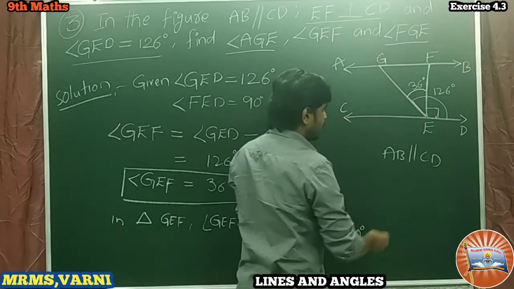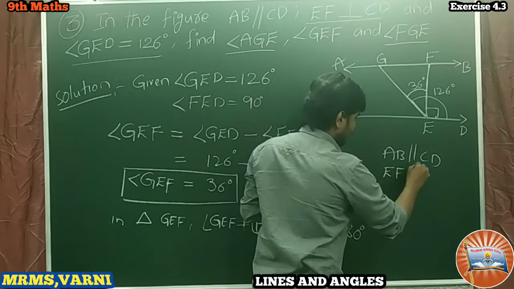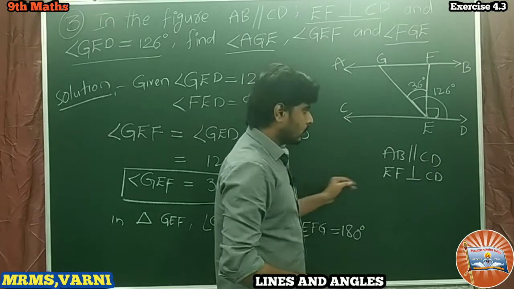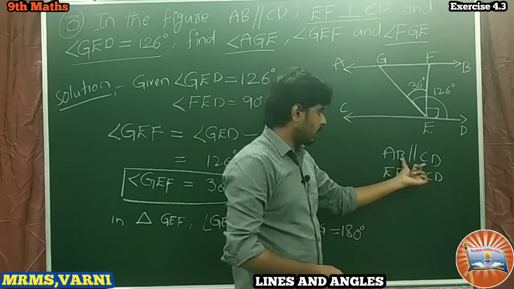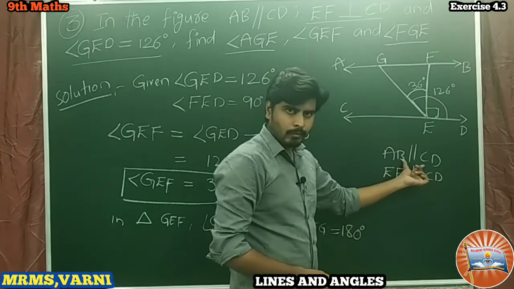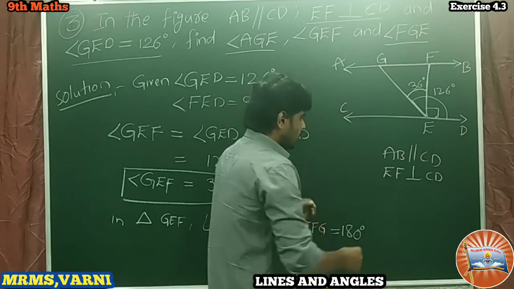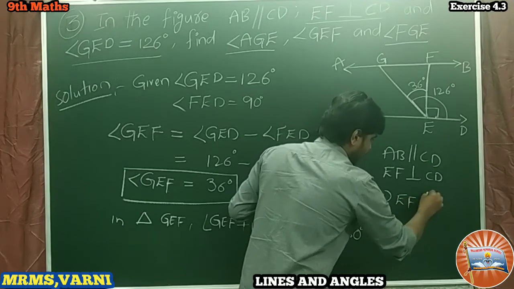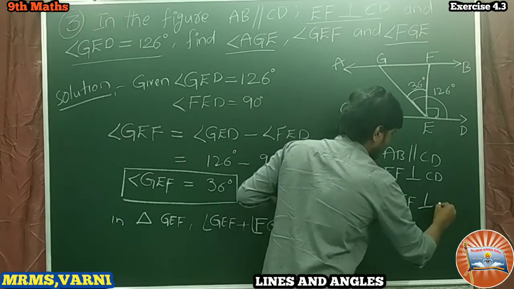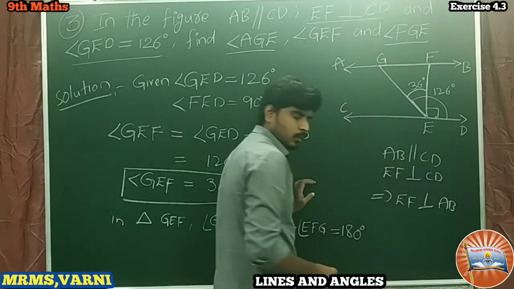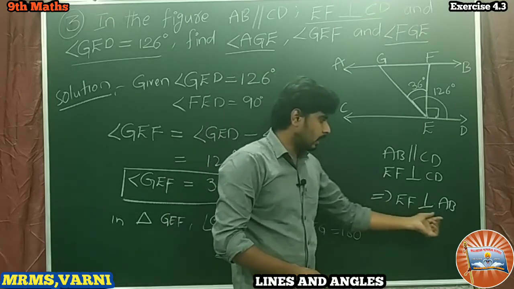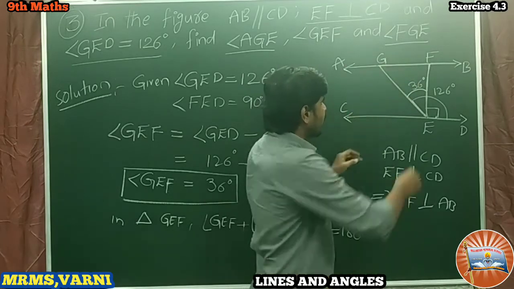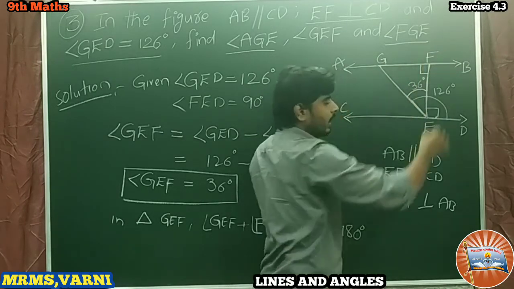These two are parallel lines, and EF is perpendicular to CD. So due to the parallelism, EF is perpendicular to AB also.